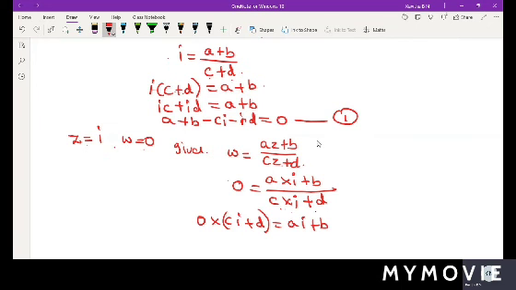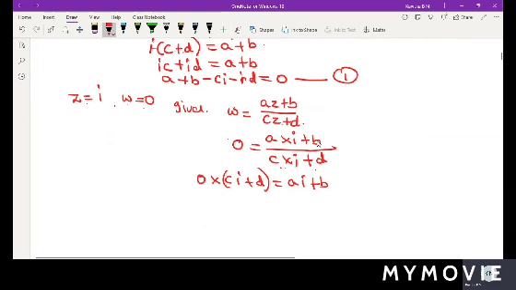Then 0 into anything is 0, so ai plus b is equal to 0. Call it equation number 2. Write down. If any doubt is there, ask me now.